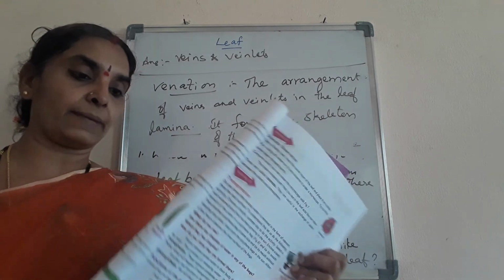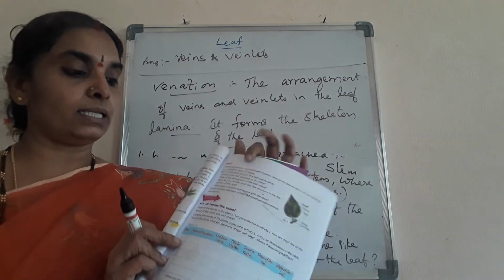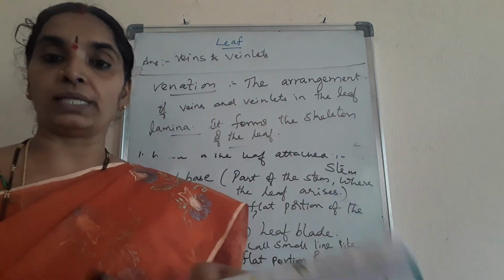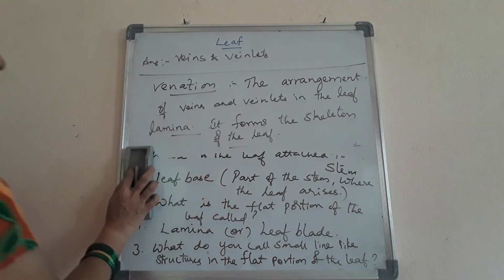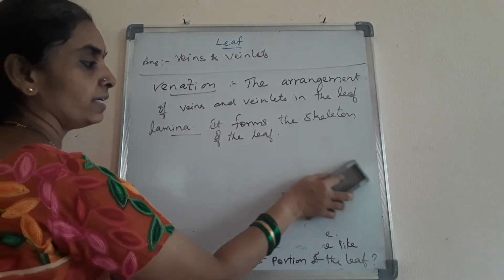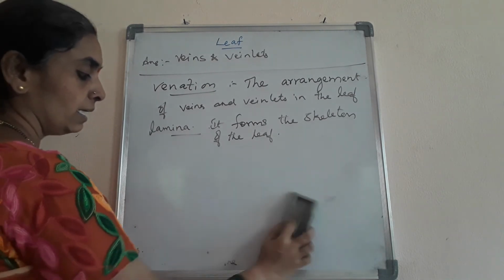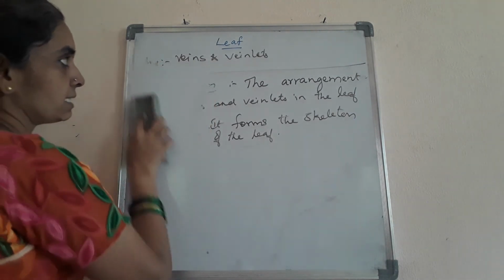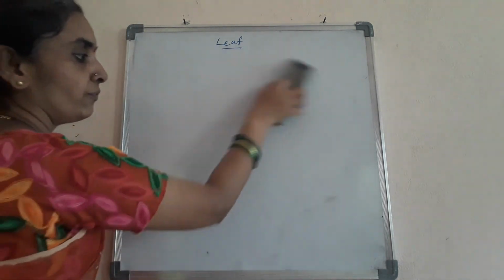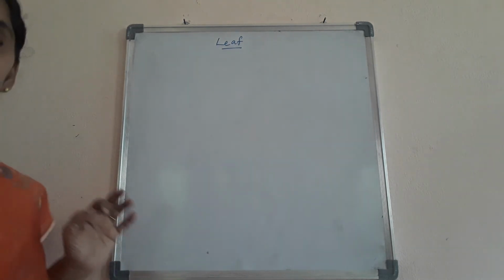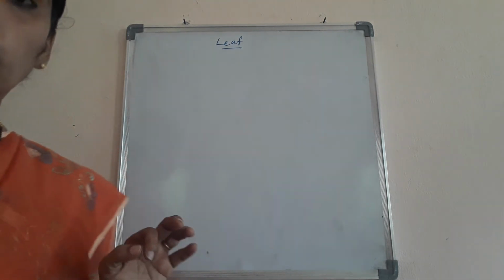Compare the different types of leaves. Later we will move to the types of venation. Okay, children? Now, before going into the venation, we will see the different types of leaves. Then you can actually understand what is venation and what are the different types of venation. Okay? Write down this table, ma.